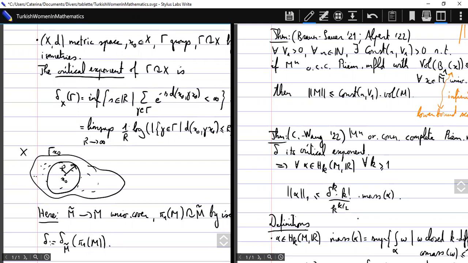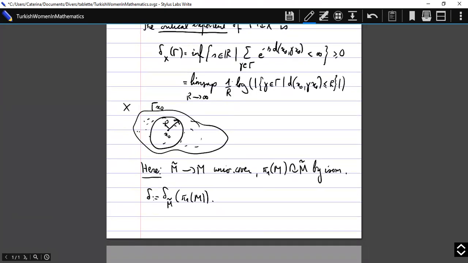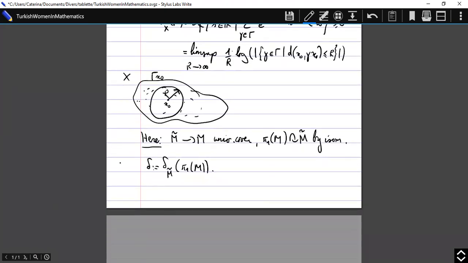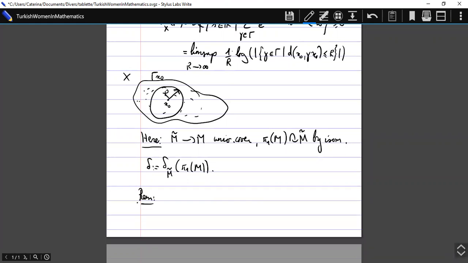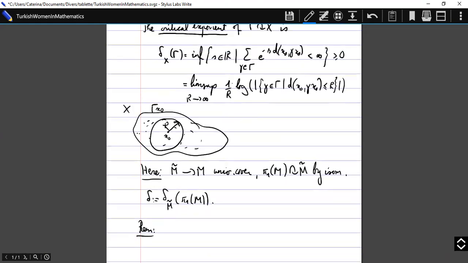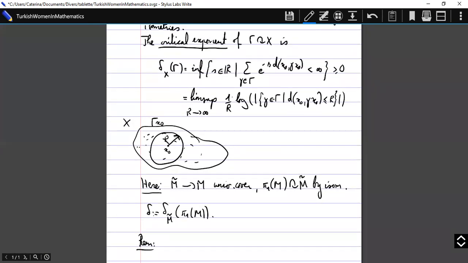I would like, well, the time is going very fast, so I will not be able to tell you many things about the proof, but I would like to make a few remarks on the result. So first of all, look at this critical exponent. You remark that if for the metric space X, you took the Cayley graph of a finitely generated group, this has a natural metric, the word metric, and the group acts on its Cayley graph.